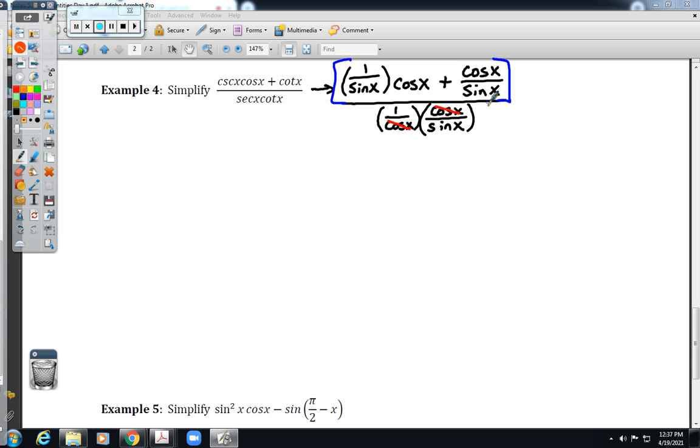Okay? We can't cancel until the numerator is one term and the denominator is one term. Then maybe we can cancel. Okay? So we multiply out what's there. So on top, the first term here, 1 over sine times cosine, is cosine over sine. Second term can't be simplified. It stays cosine over sine.